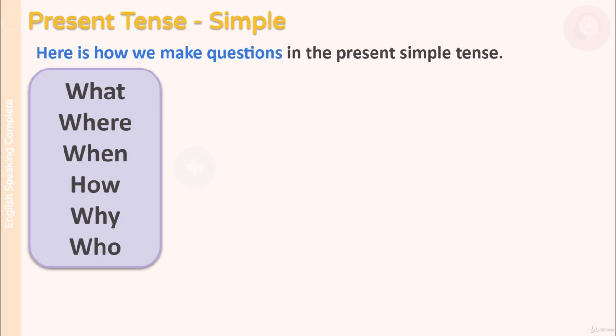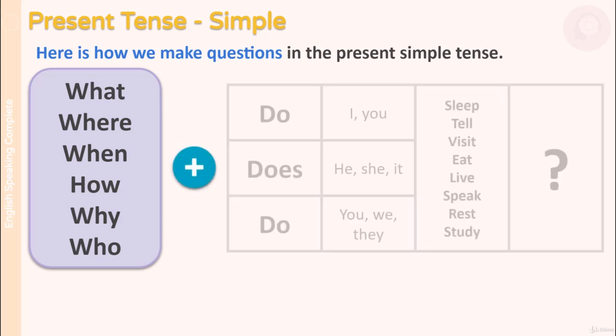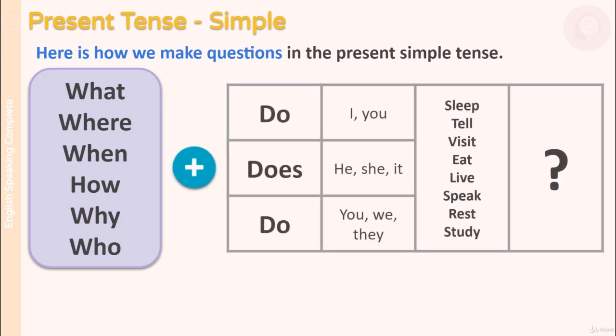So we'll begin with one of these, plus our auxiliary verb, do or does. So we have do I, do you. Does he, does she, does it, do we, do they. And of course, we and they are actually plural forms because we're talking about more than one person. However, with these two pronouns, we keep it with do.